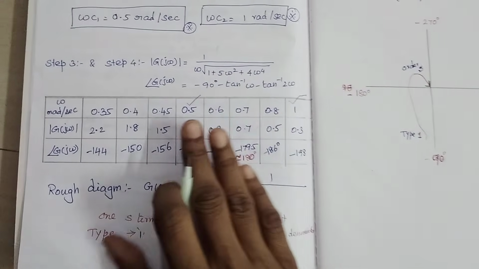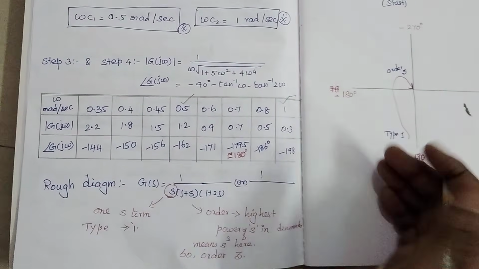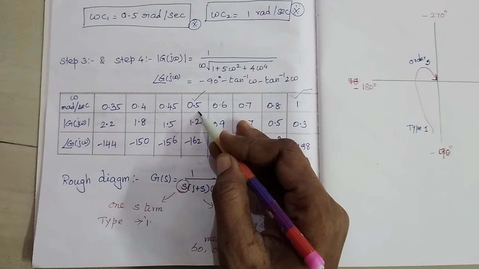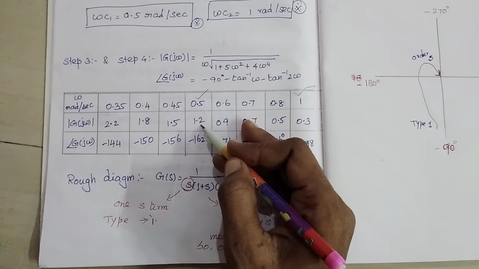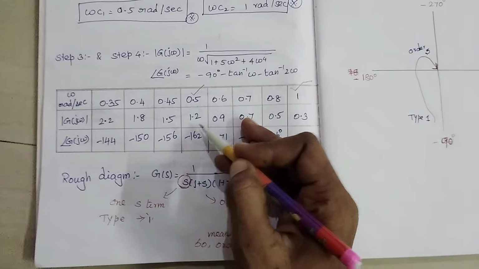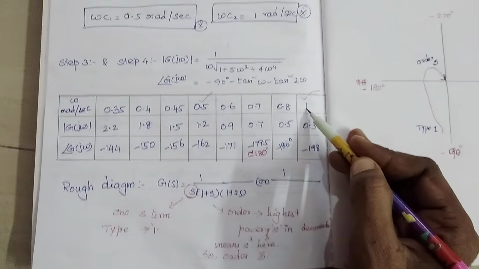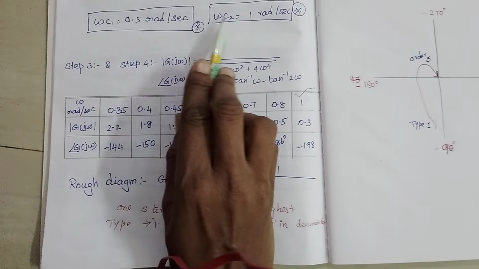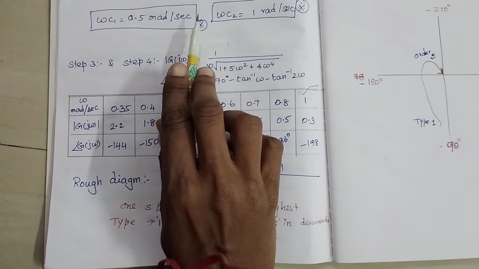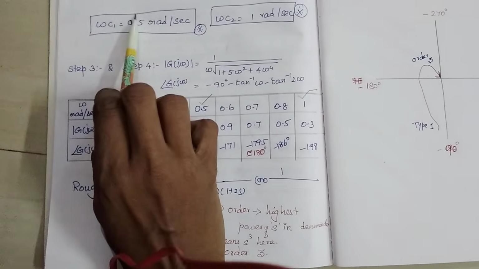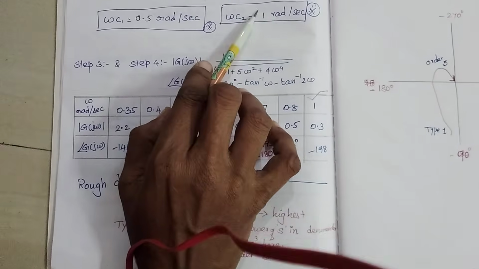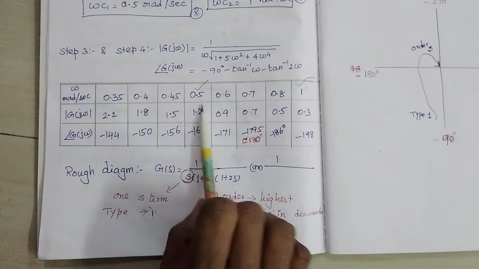While choosing the frequencies, check the first corner frequency's magnitude and phase angle, then calculate with the next corner frequency. You have to set them as limits, 0.5 and 1. Then according to our requirement, we choose further frequencies around 0.5 and 1. First we will calculate for 0.5.